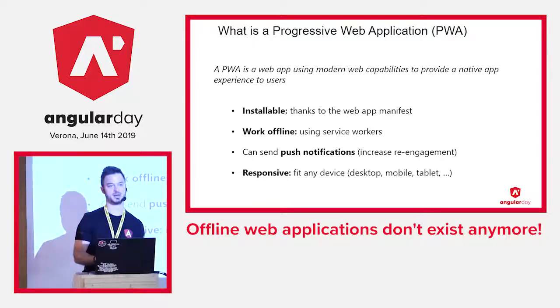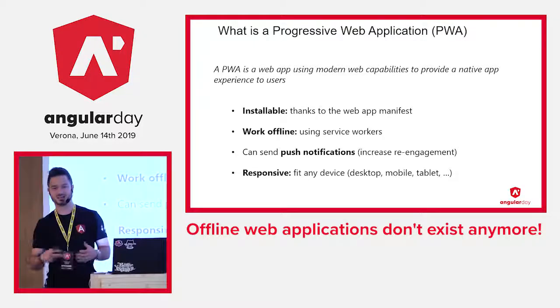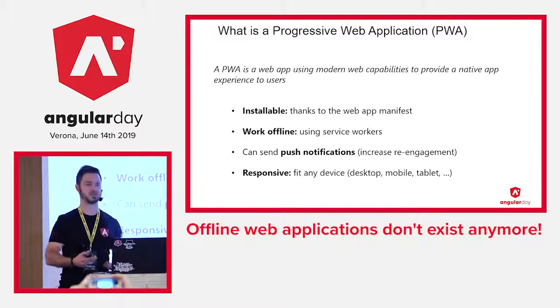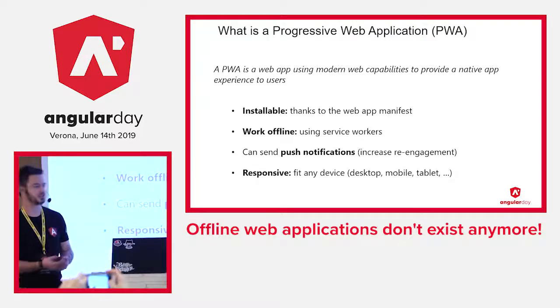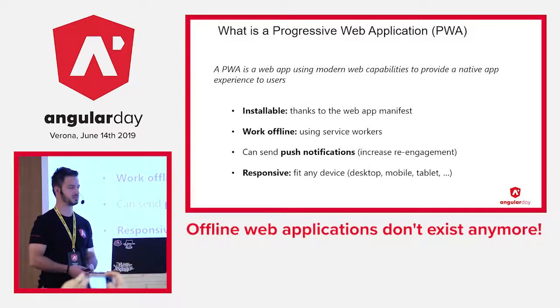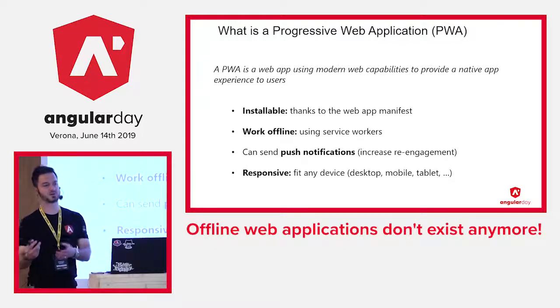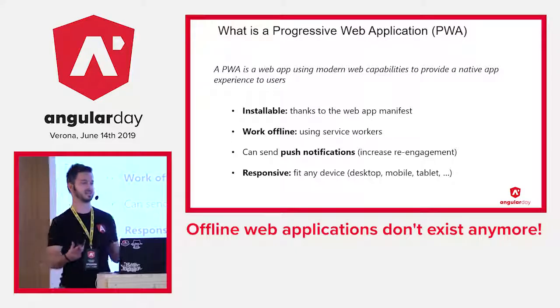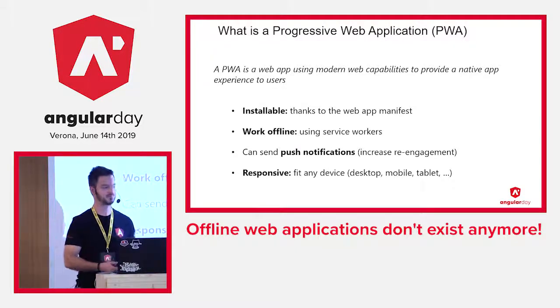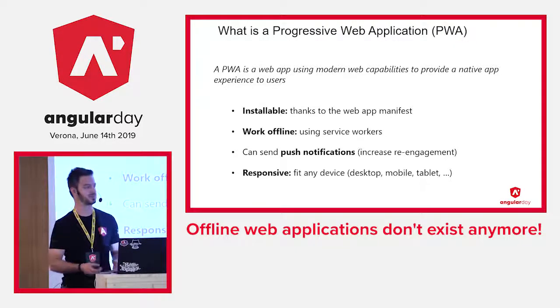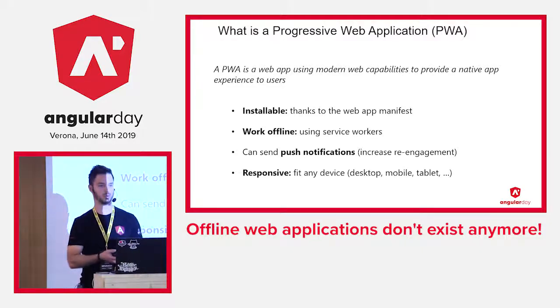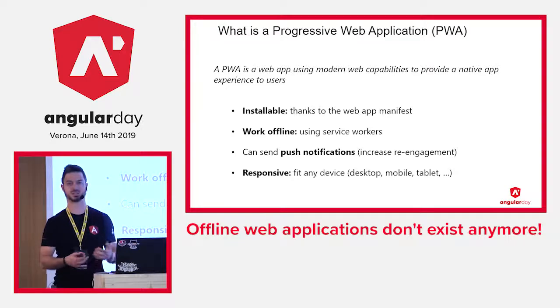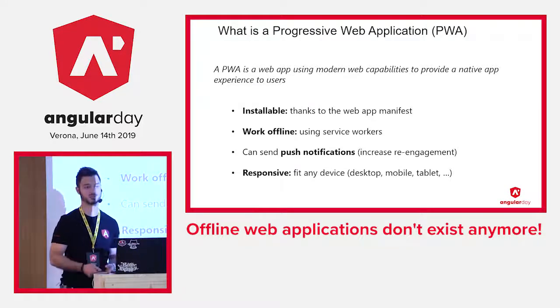What is a progressive web app? A progressive web app is nothing else than a web application that, by using modern web capabilities, aims to give a user a richer experience, an experience that is much closer to a native app. There are some basic functionalities that a progressive web app must provide. One of them is that it must be installable on the user device. This can be done with the web app manifest. We will shortly see what it is.